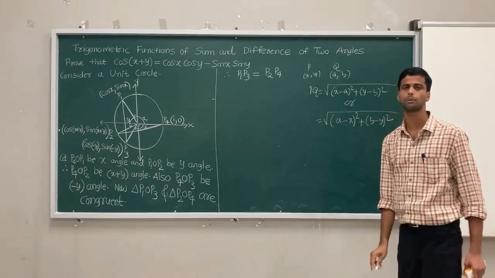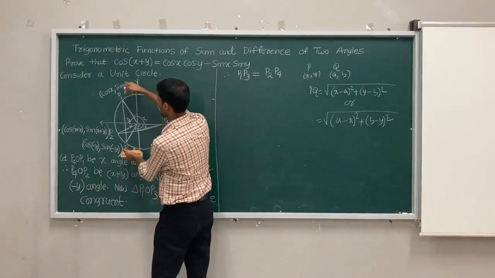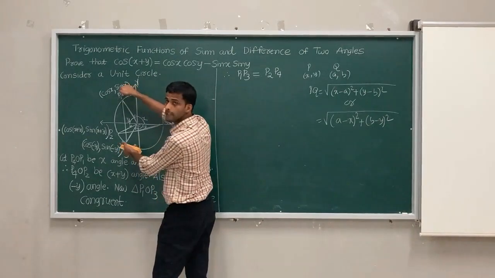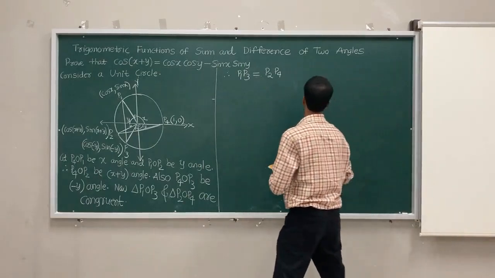We studied the distance formula in our lower classes. So P1 P3 is nothing but the distance between P1 and P3. So I will use that distance formula here, and let me conclude my results.